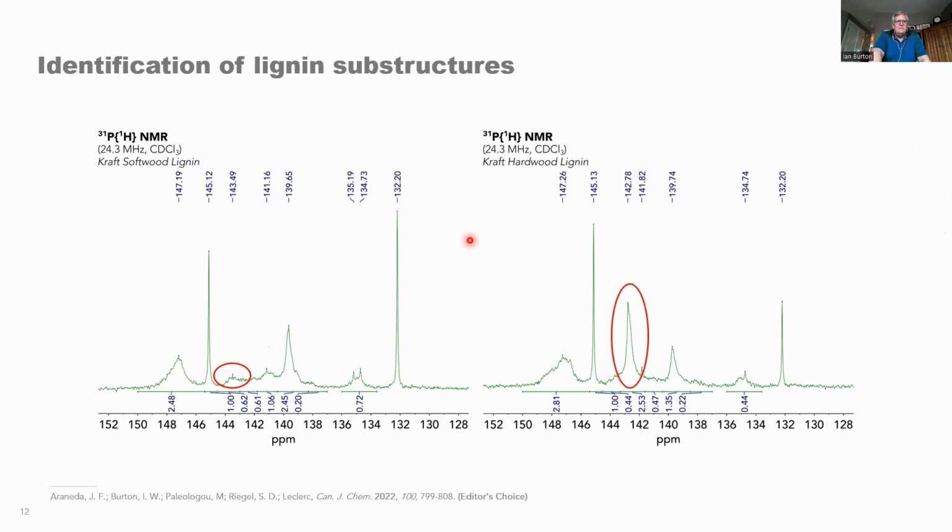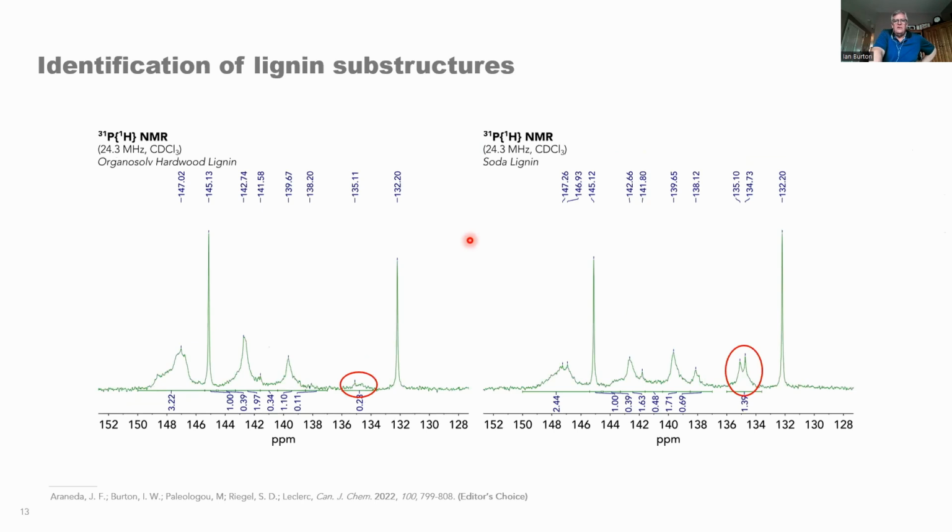Just to compare low field NMR with high field NMR, we see the same differences. This is basically softwood versus hardwood, and you see a big difference in the syringyl region, and two different methods of doing hardwood lignins.